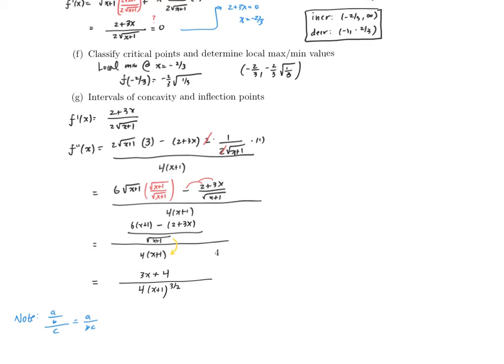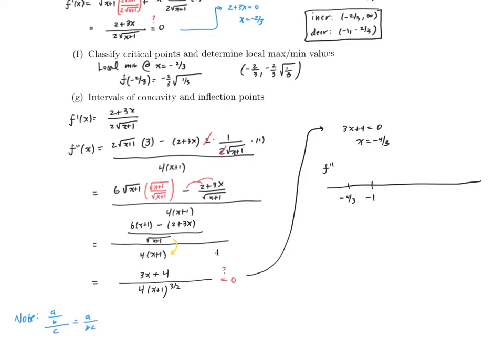What we want to think about is, where is this quantity equal to 0? So we're not quite done yet. This would happen when 3x plus 4 is 0, or x is minus 4/3. So we have f double prime. It would be equal to 0 at minus 4/3, but we're only interested in the domain of the function.